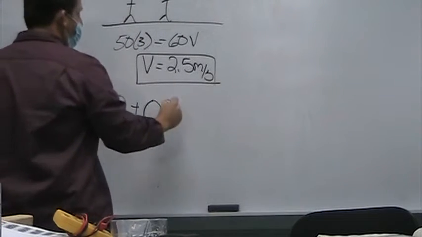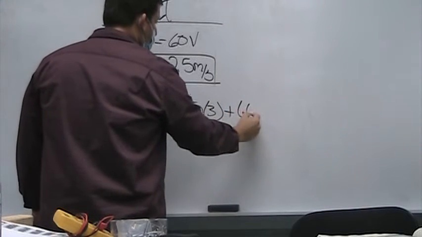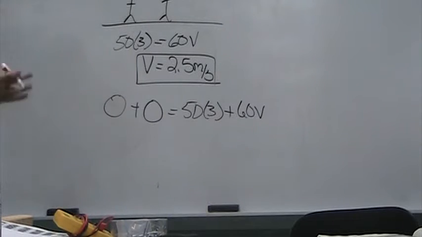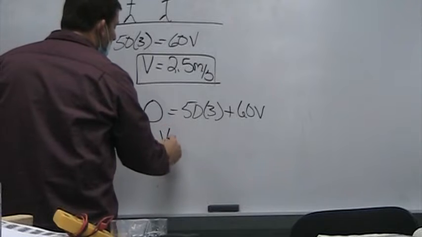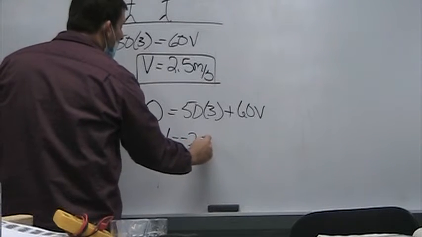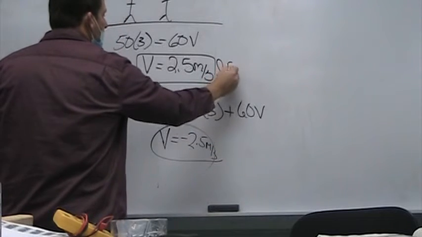It is equal to 50 times 3 plus 60 times V. The alternate way, I'm going to stop for about 30 seconds. V is equal to negative 2.5 meters per second. You might have to put left over here to give you direction.